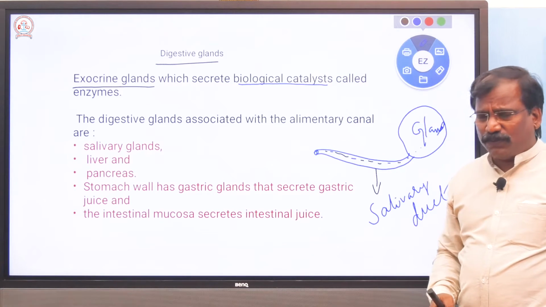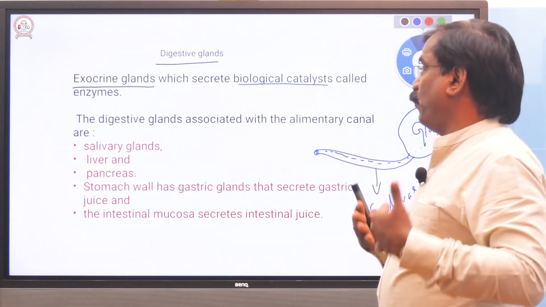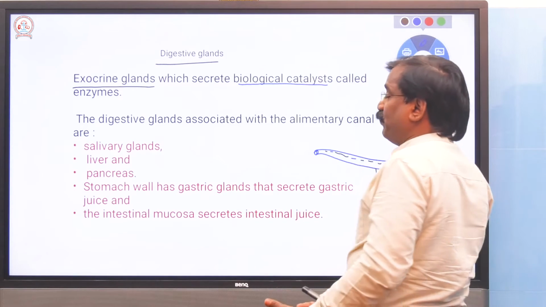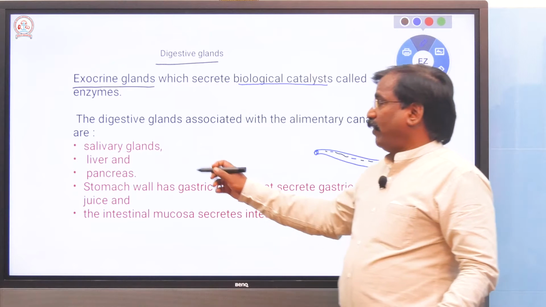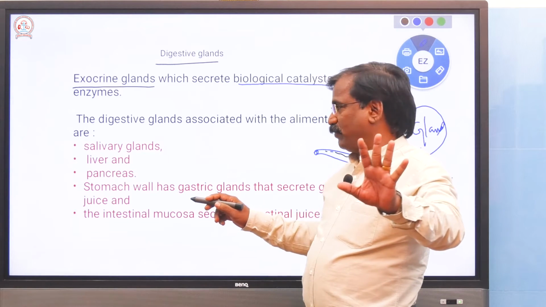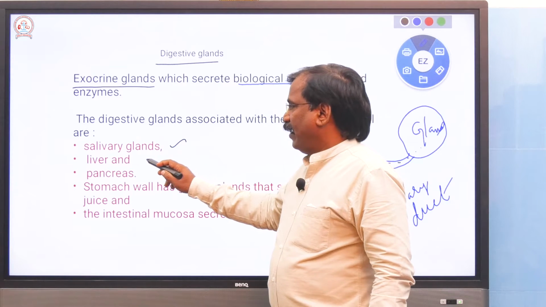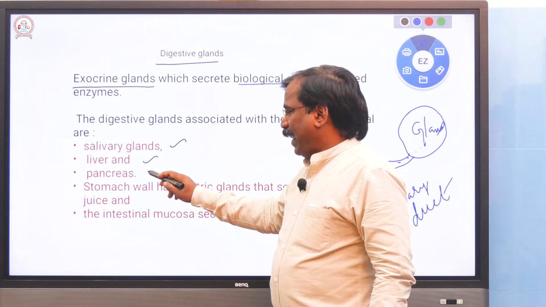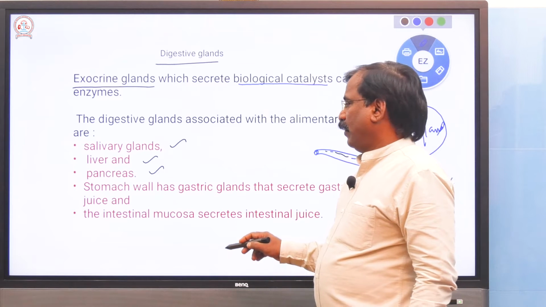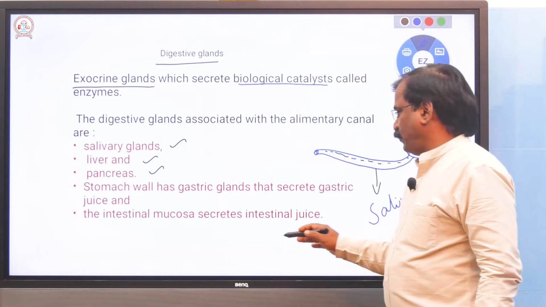What are the digestive glands which are associated with the digestive system? They are the salivary gland, liver, pancreas, and gastric glands.